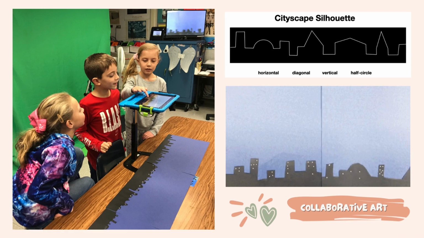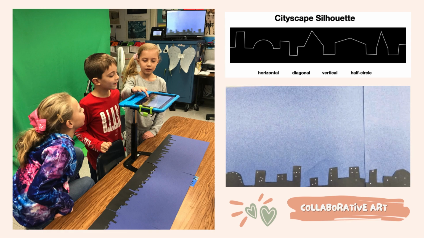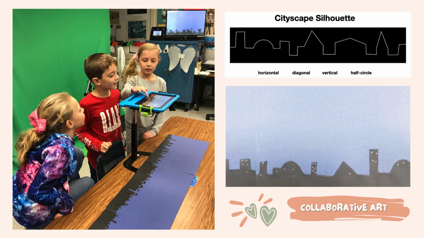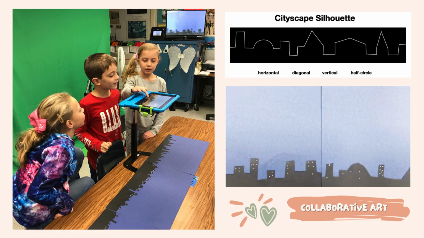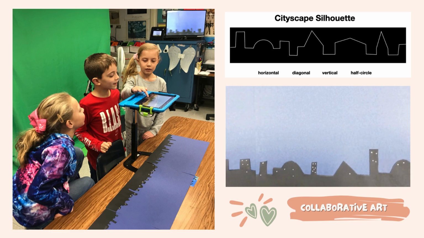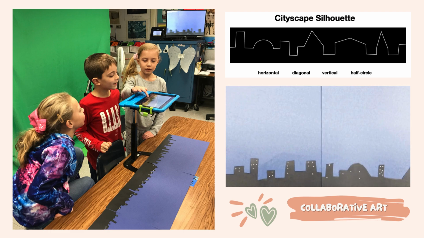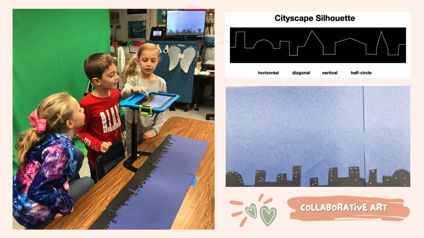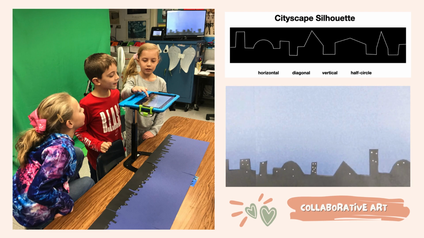To create a feeling of movement, I had my students create a background that moved with stop motion animation for their final piece. This was a silhouette cityscape made from construction paper.